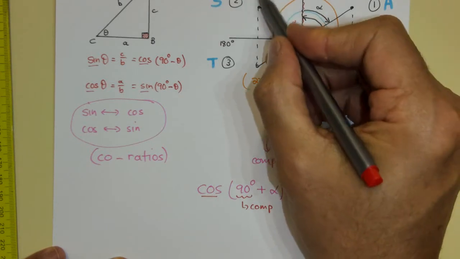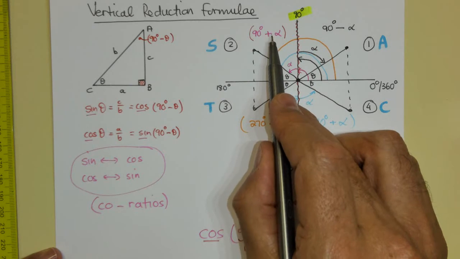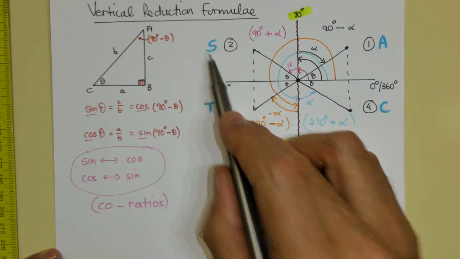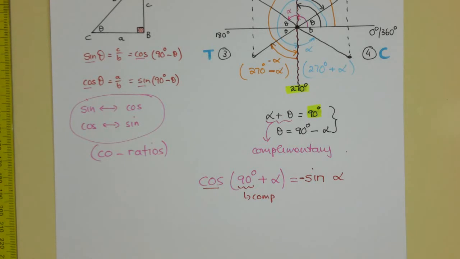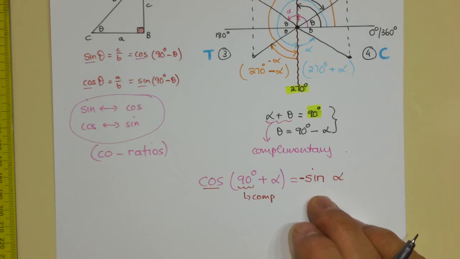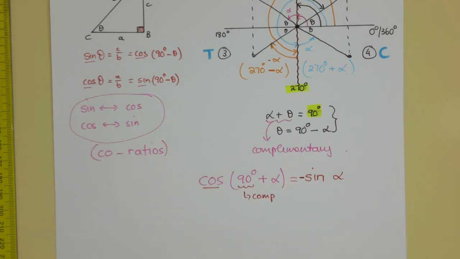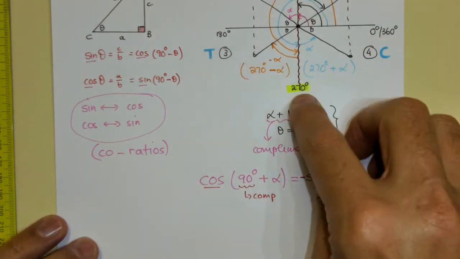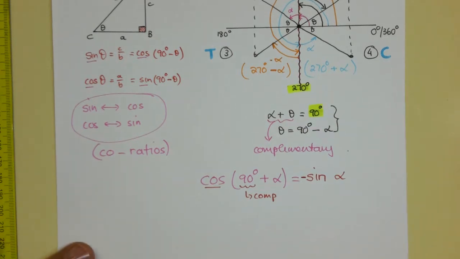Secondly, in the second quadrant, which is where 90 plus alpha would lie, only sine is positive, so cosine will become negative in that quadrant. There you have successfully used your complementary ratios, your CAST diagram, and your vertical reduction formulae. So wherever there's a 90 or a 270 involved, we introduce our complementary ratio.